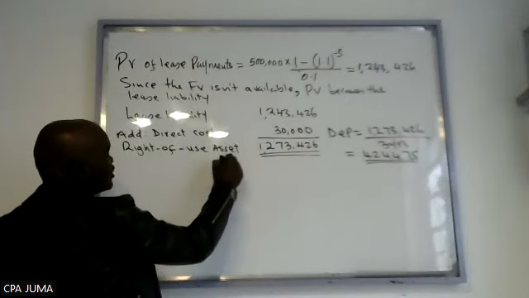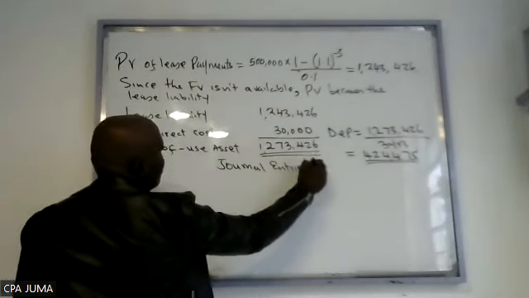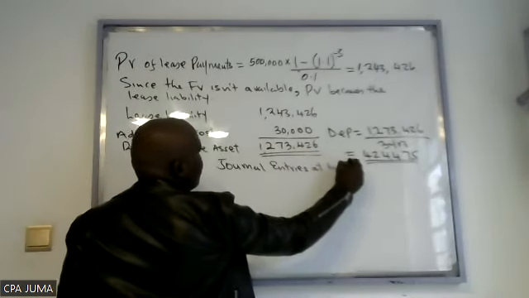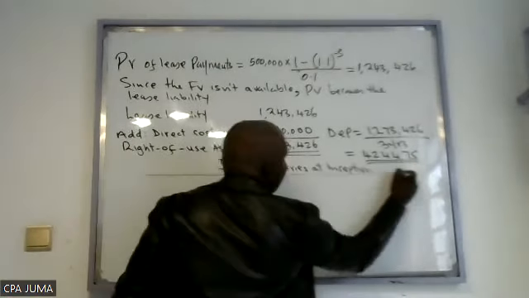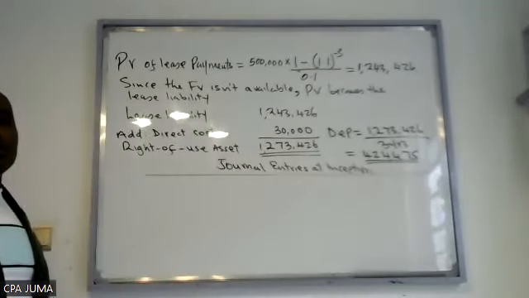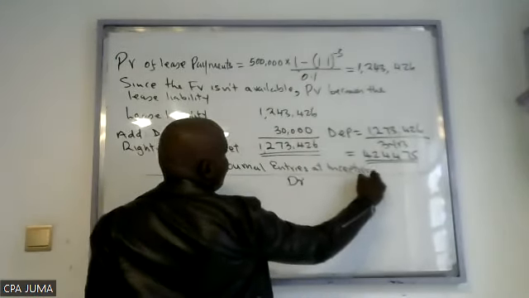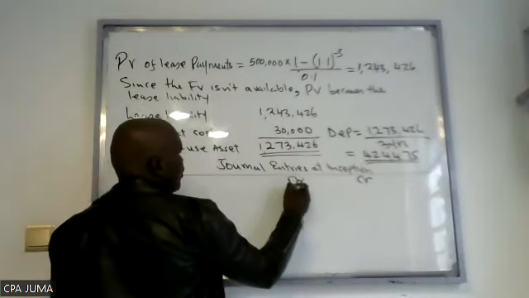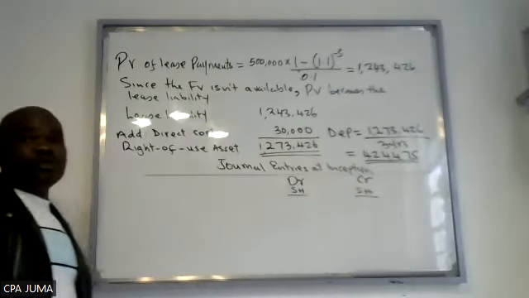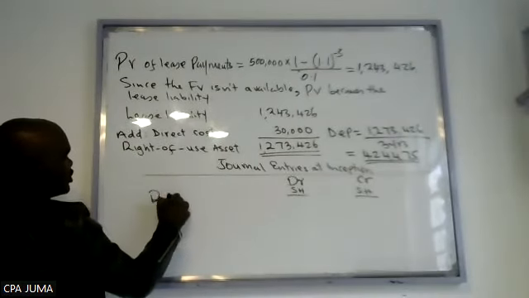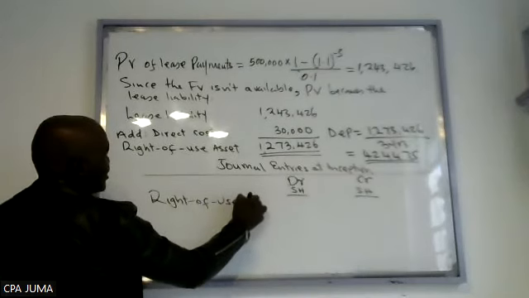So journal entries at inception. At inception, I will debit the right of use assets, the 1,273,426.